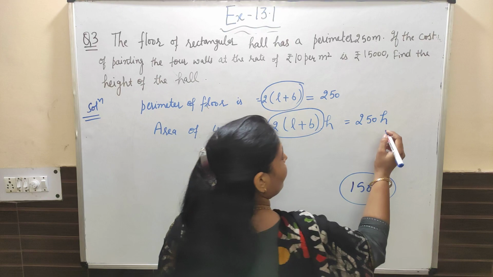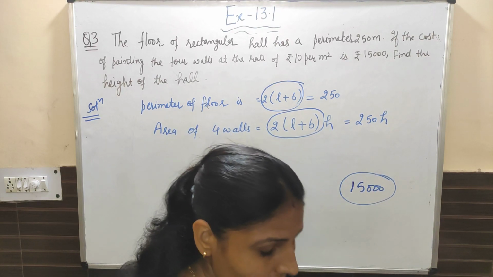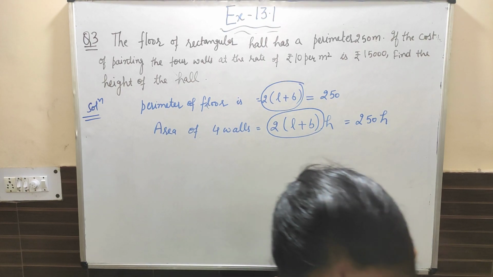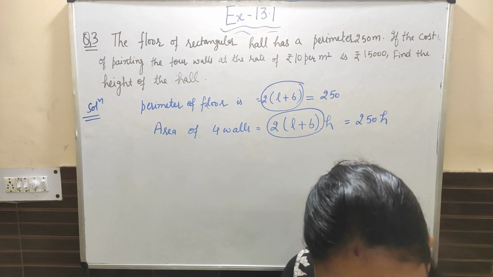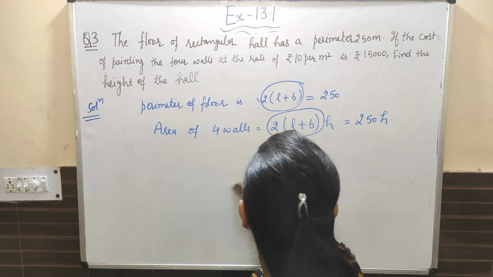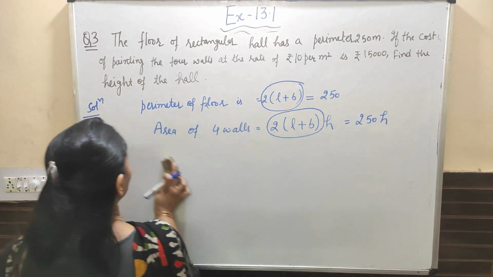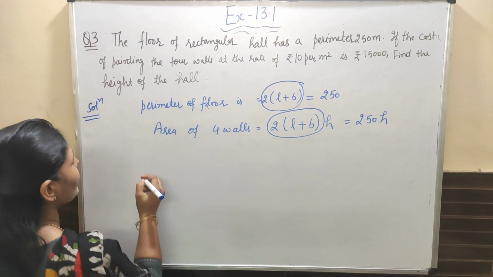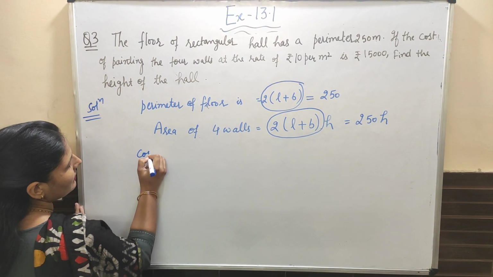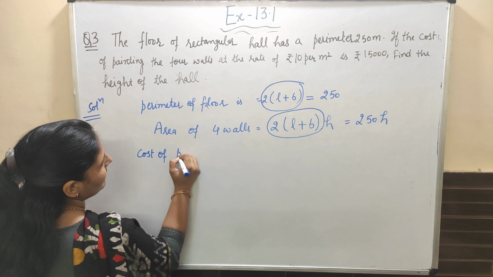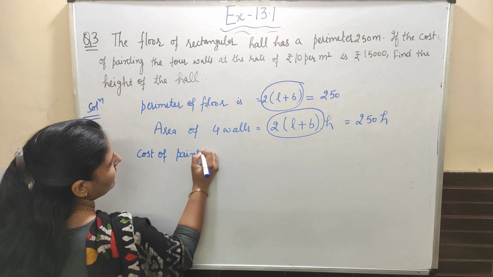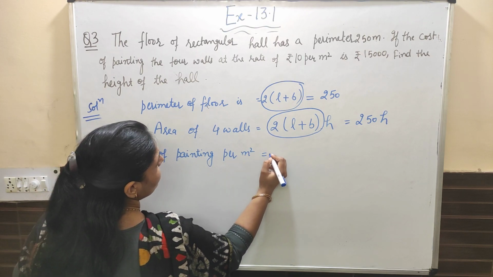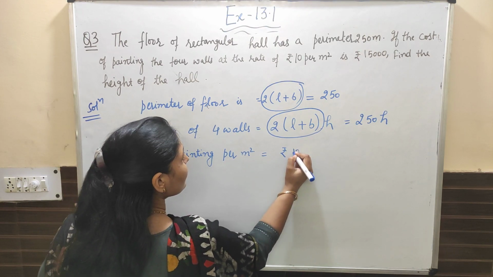But now we have to find the cost. Cost of painting per meter square is equal to rupees 10.